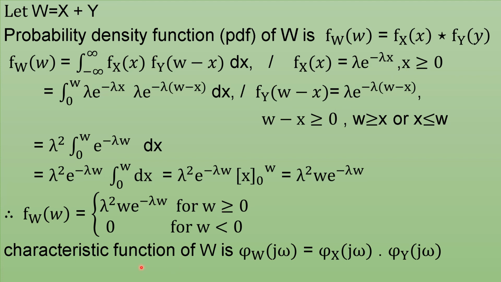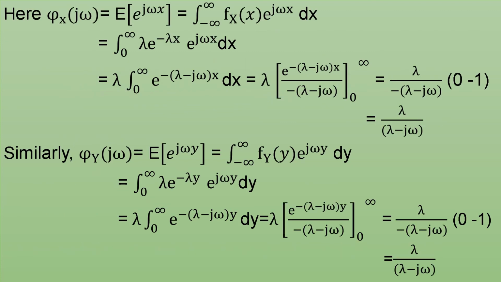The next part, characteristic function of w is phi w of j omega is equal to phi x of j omega into phi y of j omega. So we'll calculate both phi x of j omega and phi y of j omega, so that multiplying we get the characteristic function of the sum w.